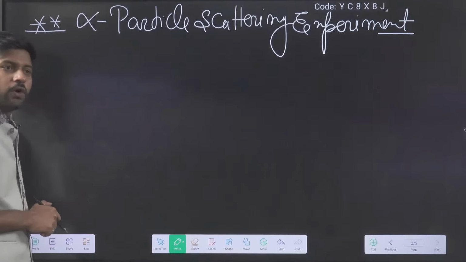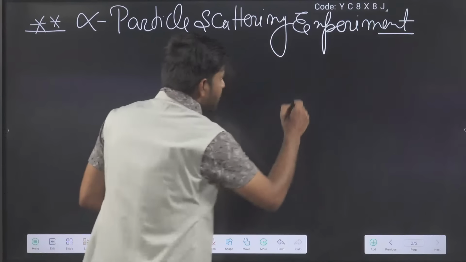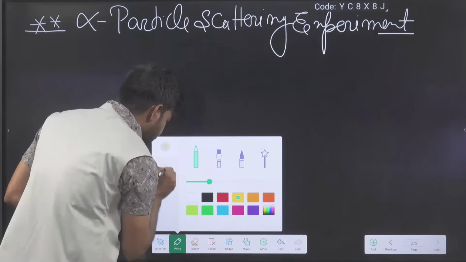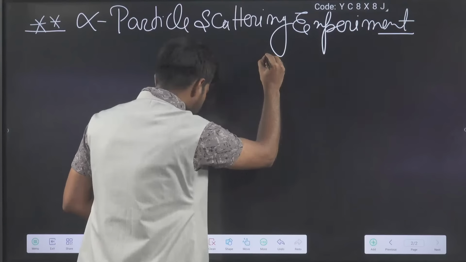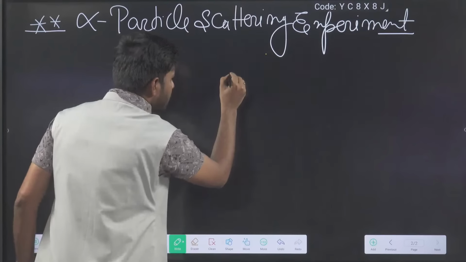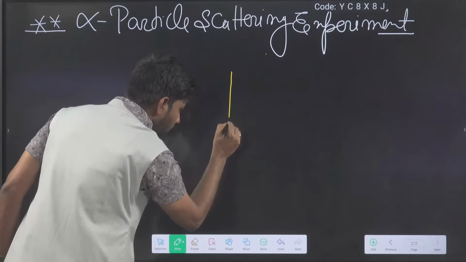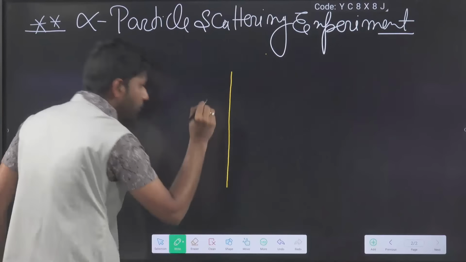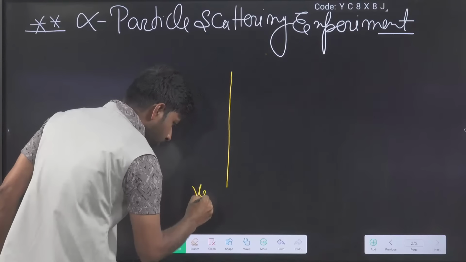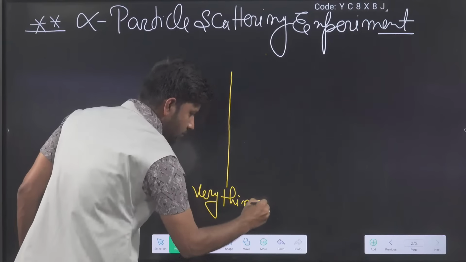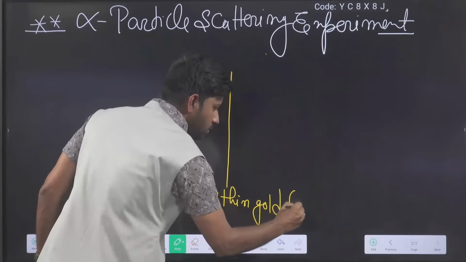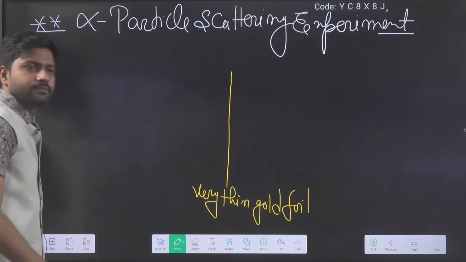So now observe. Rutherford made one setup. What was that setup? He took one very thin gold foil.